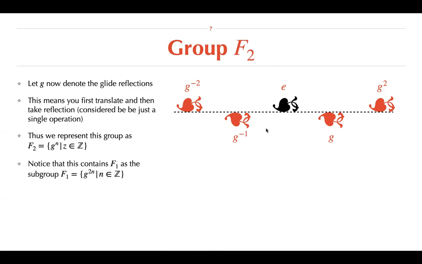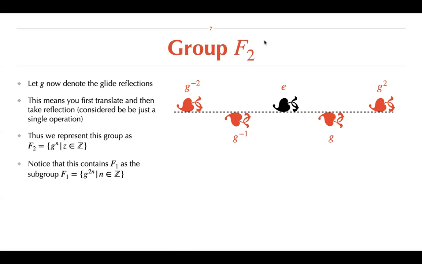There is no glide reflection now, because if you directly operate by g square, you get this. So it's basically a translation, not a glide reflection. In that way, what we discussed in the previous slide already is contained in this. So F1 is contained in F2, so F1 is a subgroup of F2.